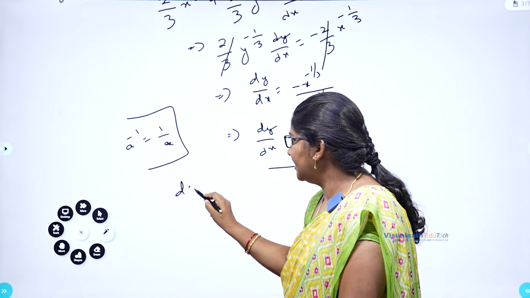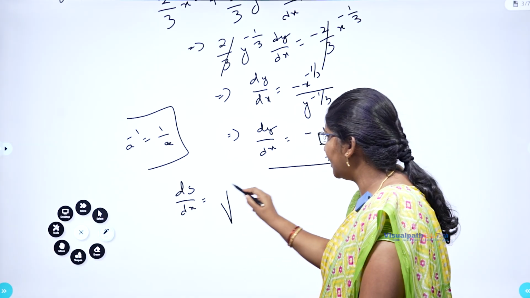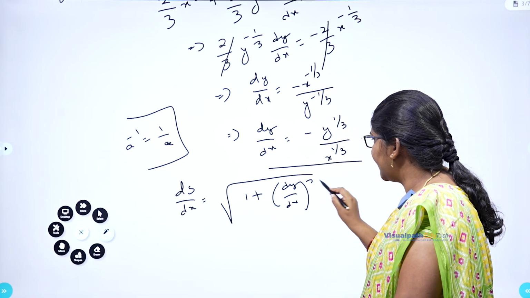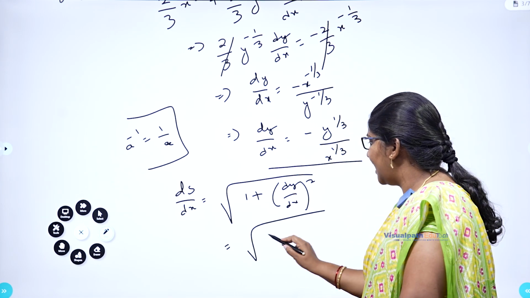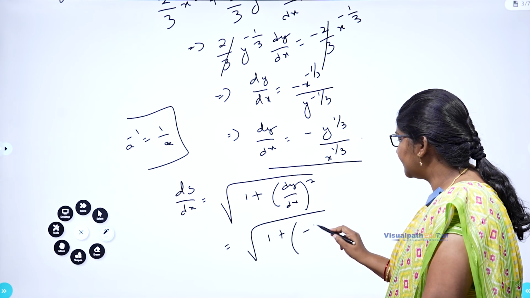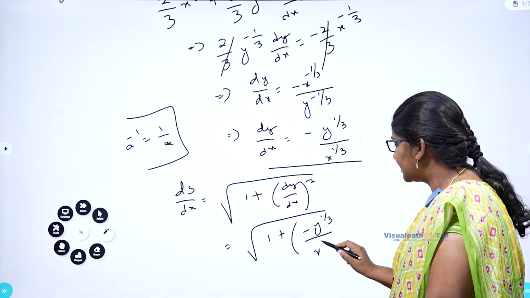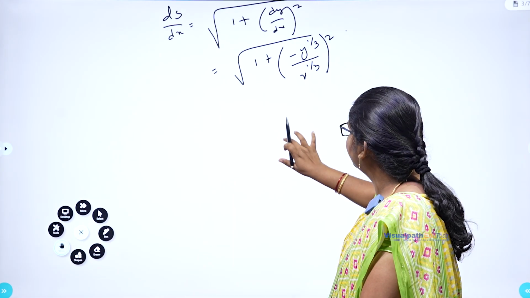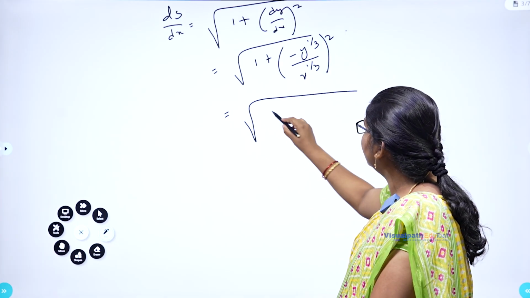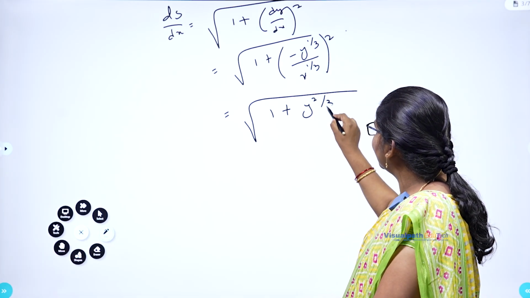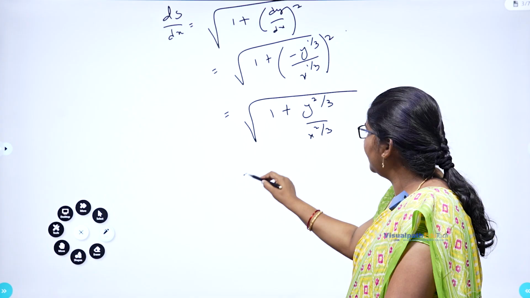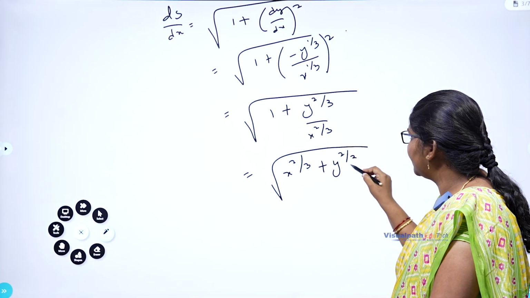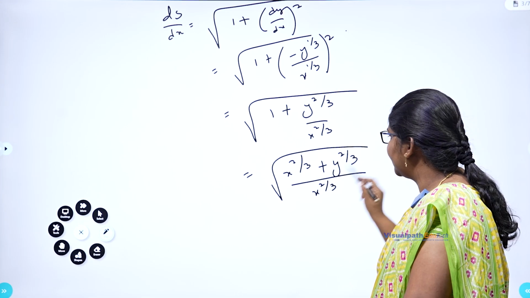Now, we will find ds by dx. What is the formula we know? Square root of 1 plus dy by dx whole square, that is, under root 1 plus minus y power 1 by 3 by x power 1 by 3 whole square. Now we need to do simplification. 1 plus y power 2 by 3 by x power 2 by 3 is x power 2 by 3 plus y power 2 by 3 by x power 2 by 3.